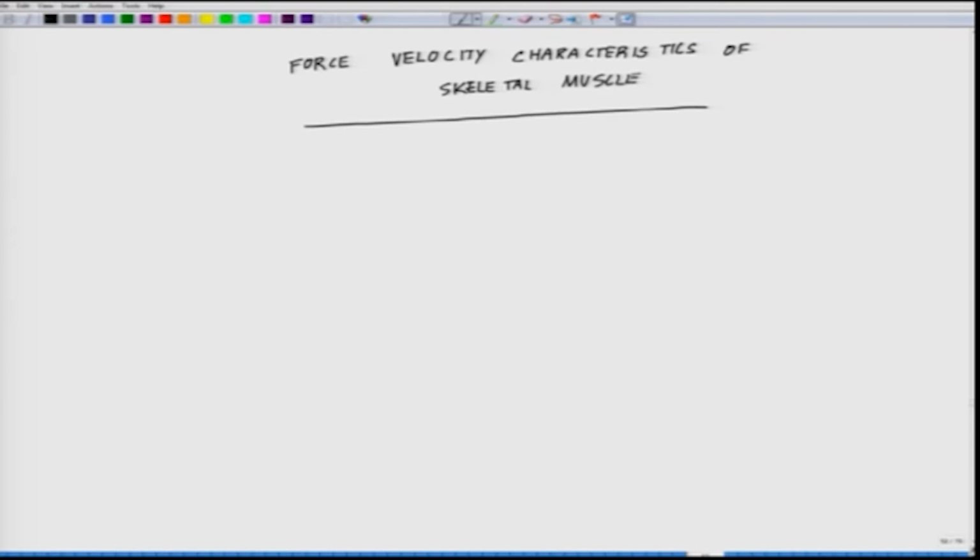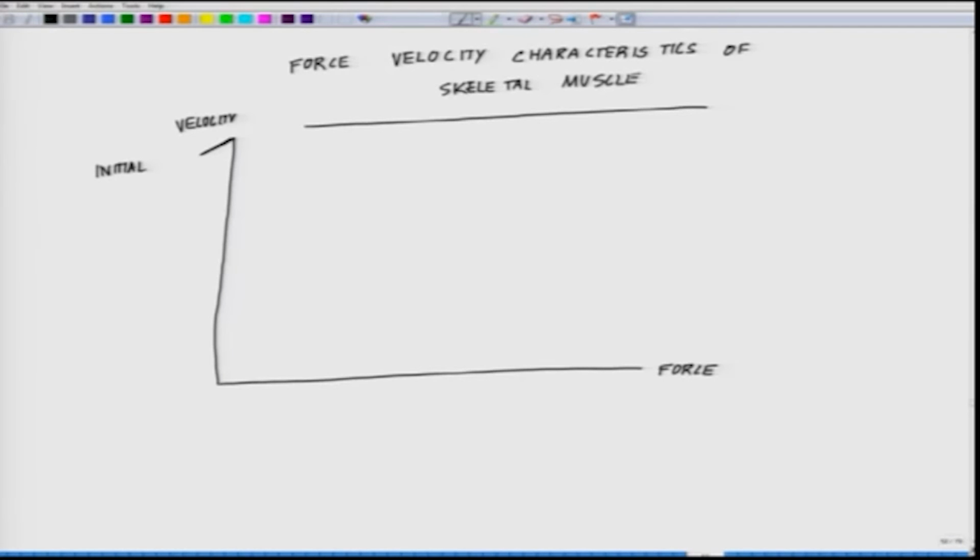So this is how the force velocity characteristics of the muscle will be, where you are plotting the force on the x axis and the velocity on the y axis, and this is your initial velocity. The plot will be something like this.